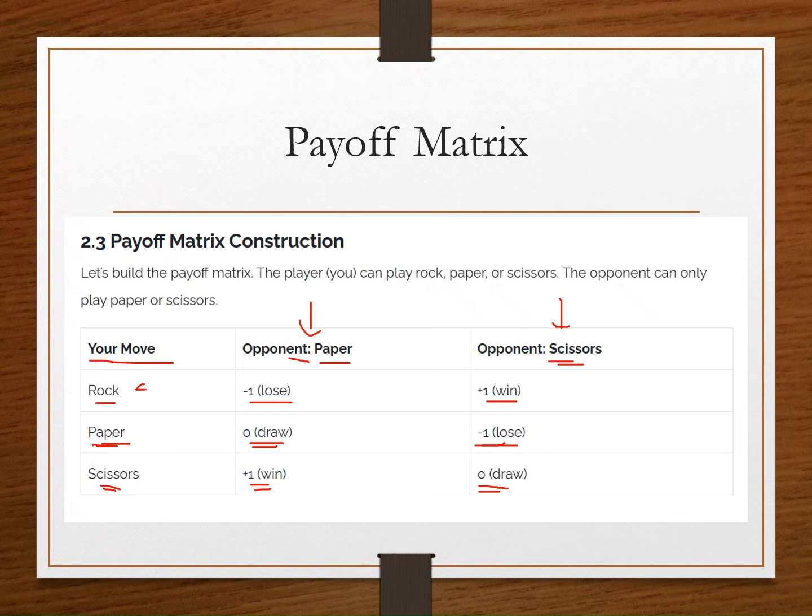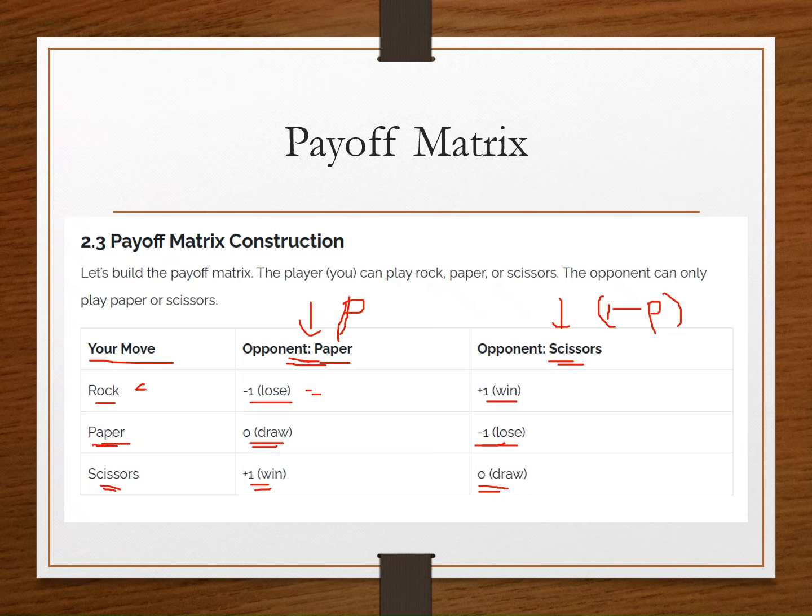So what we can do is assume that the probability that the opponent plays paper is, let's say, P. And so the probability that the opponent plays scissors becomes 1 minus P. Now, we know the probability for these two scenarios and we know the payoff amount. So we can calculate the expected values for each of these scenarios by taking the product of probability and the amount that we win or lose.